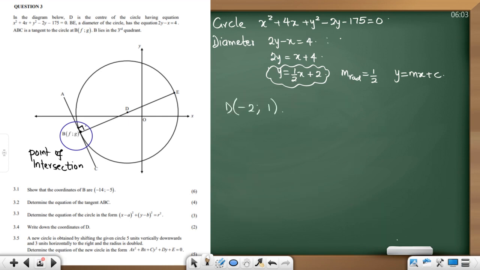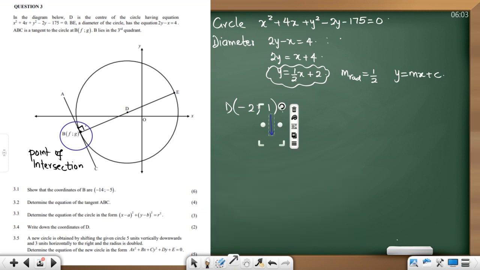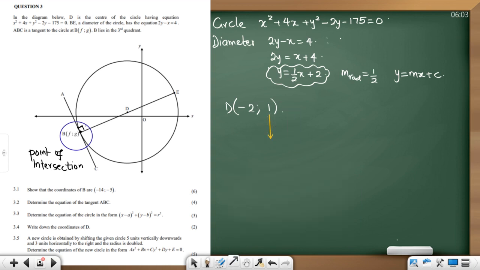All right, it says a new circle is obtained by shifting the given circle 5 units vertically downwards. Downwards only affects our y value. So we're shifting this thing downwards. It only affects the y value. And if it goes down, it is minus 5. So what is 1 minus 5? It is negative 4.